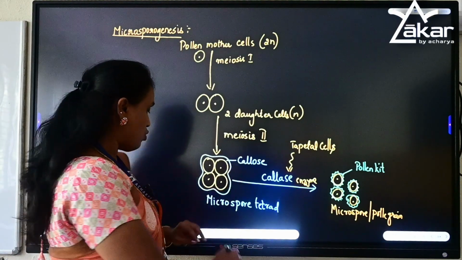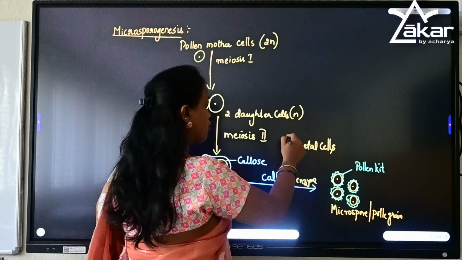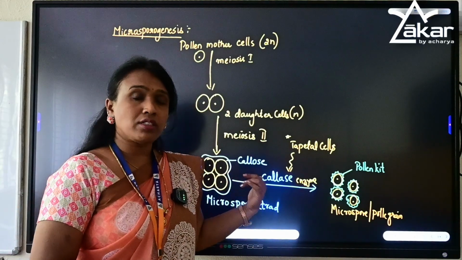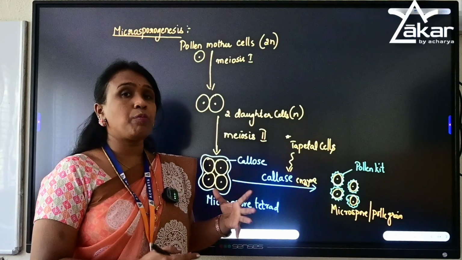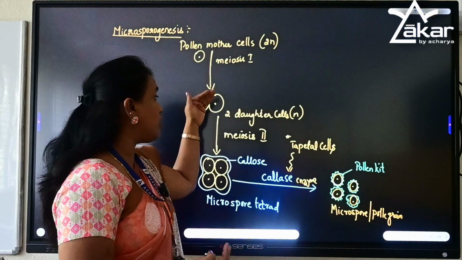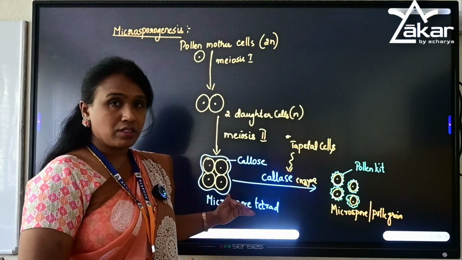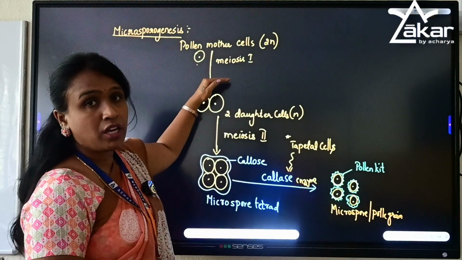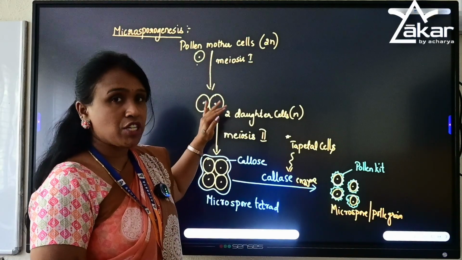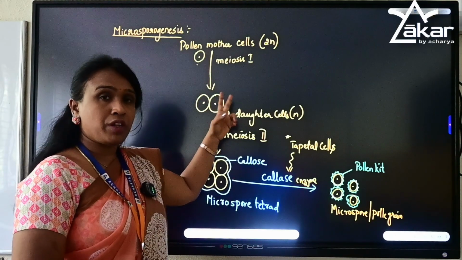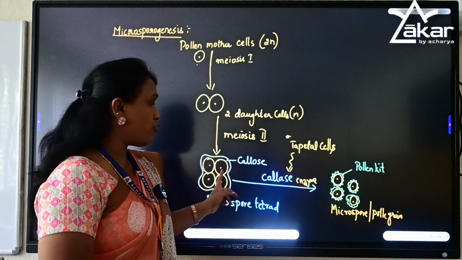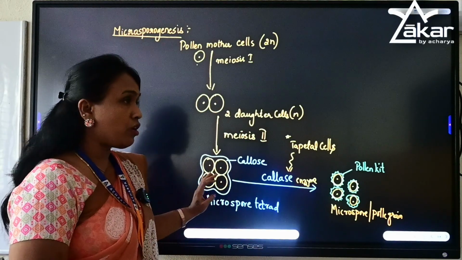Okay. So now the important function of tapetum, as we studied in the previous slide, is nutrition. They provide the nutrients for the developing pollen grains. So microspore mother cells divide meiotically to produce two haploid daughter cells, and both the daughter cells compulsorily undergo meiosis 2 to form the microspore tetrad.